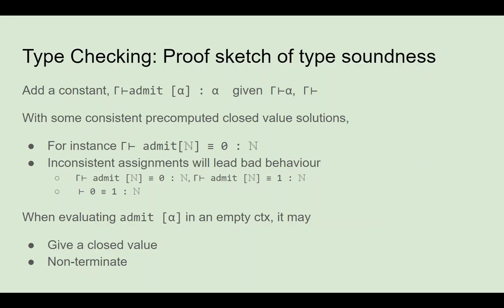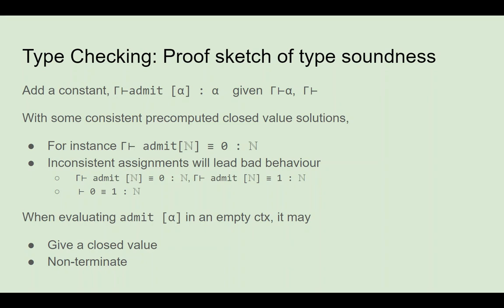So type checking isn't too bad. Probably it's not terribly surprising that you can make a type system with type soundness out of this. So we add a constant piece of syntax with a typing rule that lets it inhabit any type.